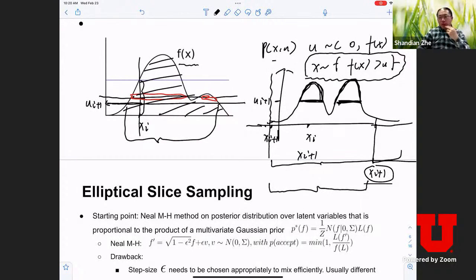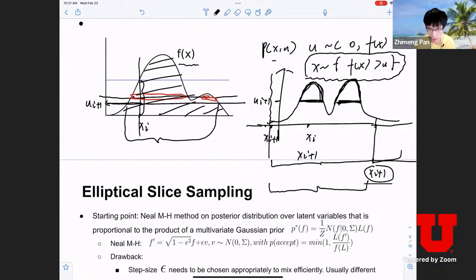You always need to have the bounded support, or at least you need to specify the boundary of the support of interest. Otherwise, you cannot do that. For example, I'm just interested in -10 to +10. Now I restrict my sampling inside this range.